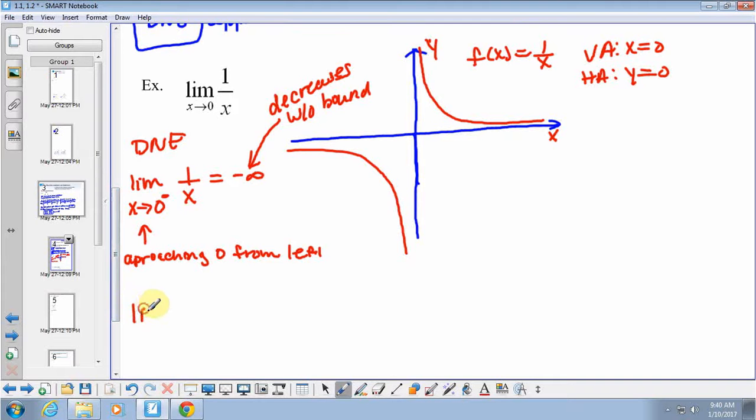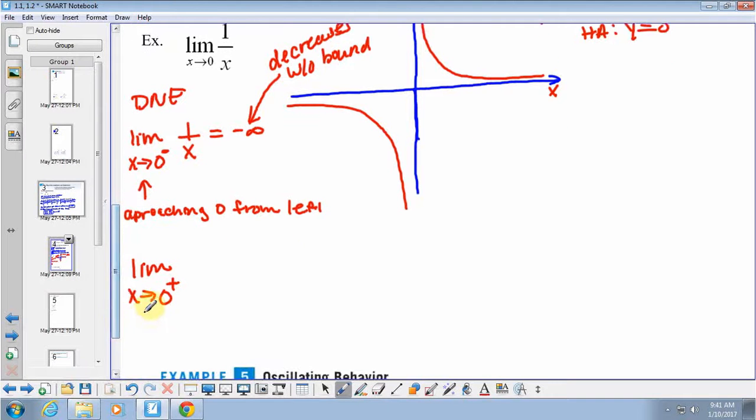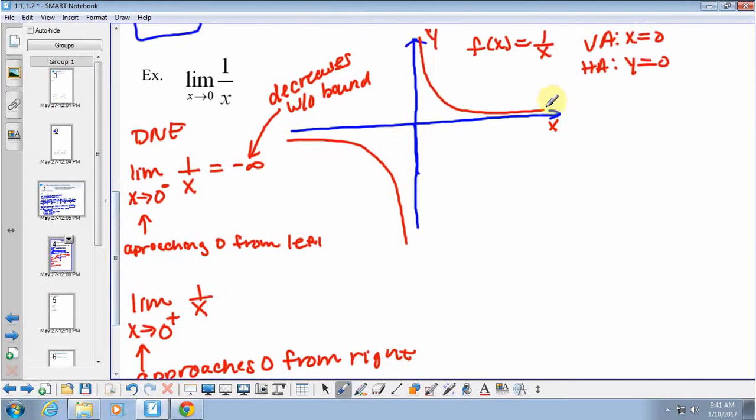And then you have the limit as x approaches 0 from the right. So now if you have a superscript of a plus sign, the limit as x approaches 0 from the right, coming in from the right, this thing goes to what? Infinity.